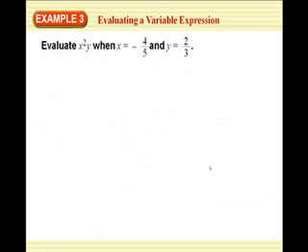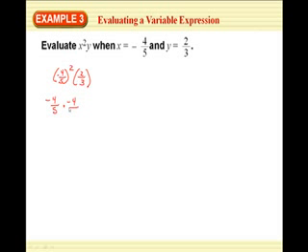And then we have some fractions. It says evaluate x squared y when x is -4/5 and y is 2/3. Okay, so we got this is x squared and this is for y. So I'm going to put in -4/5 and then 2/3. So remember, order of operations, you do the exponent first. So we're going to take -4/5 squared.